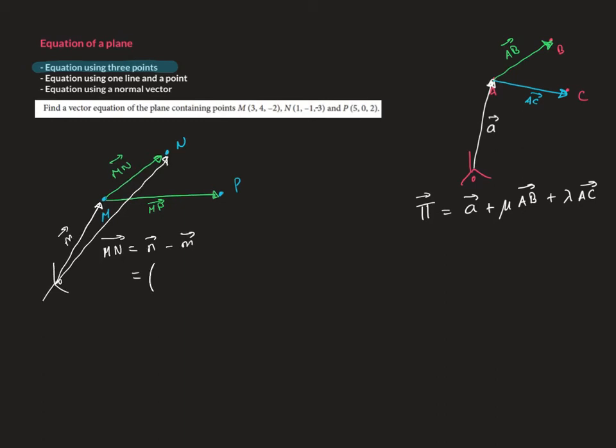N is the point 1, 1, minus 3. And the vector M is the point 3, 4, minus 2. That means the vector MN is the vector minus 2, minus 3, minus 1. This is MN.